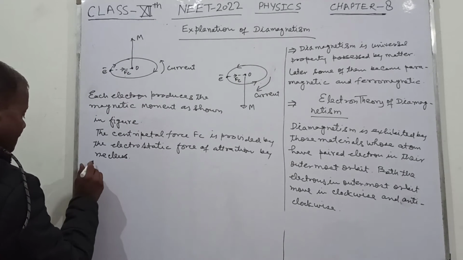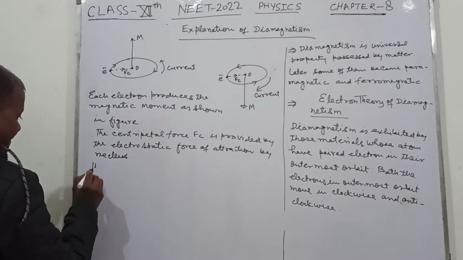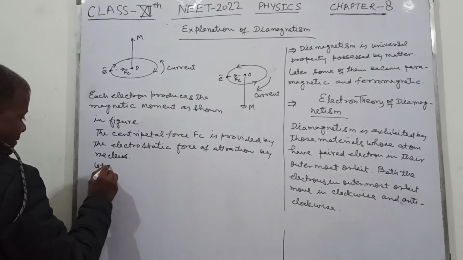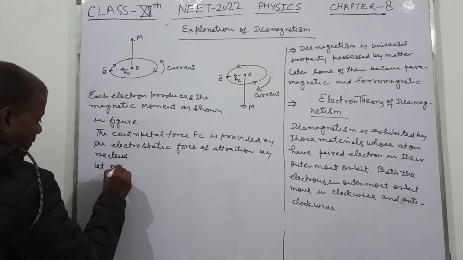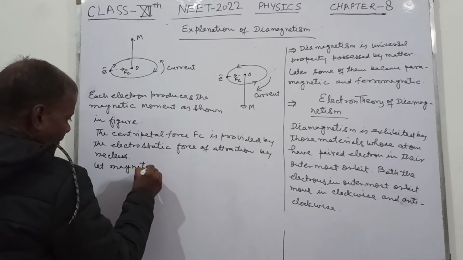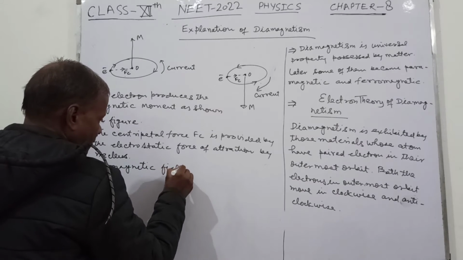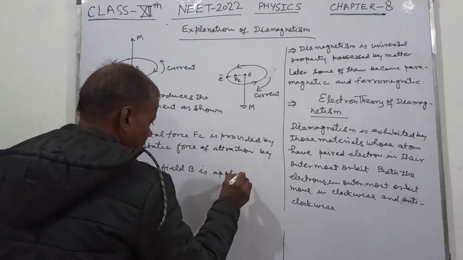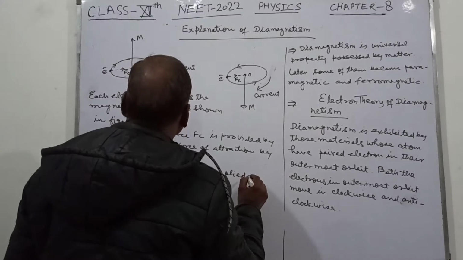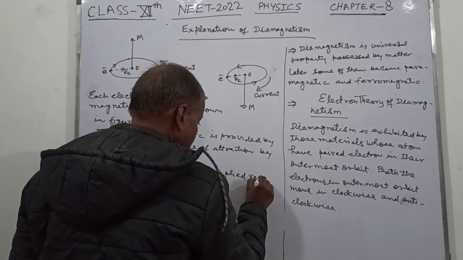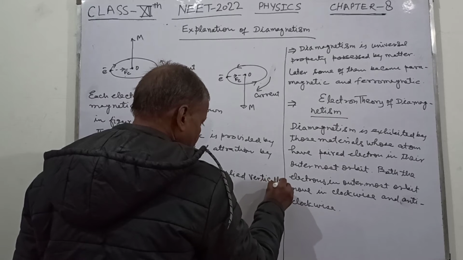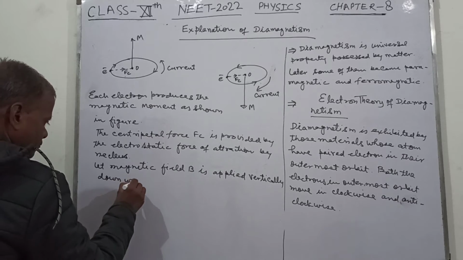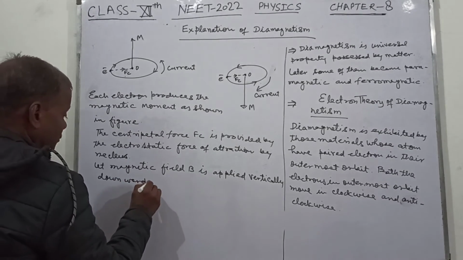Now let magnetic field B be applied vertically downward on the electron.